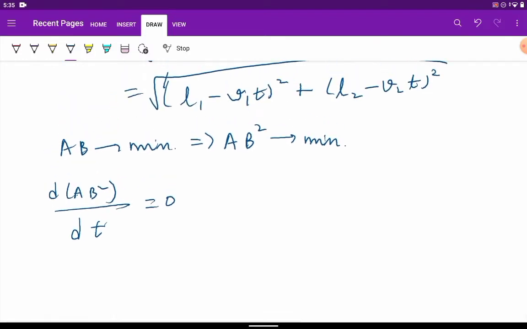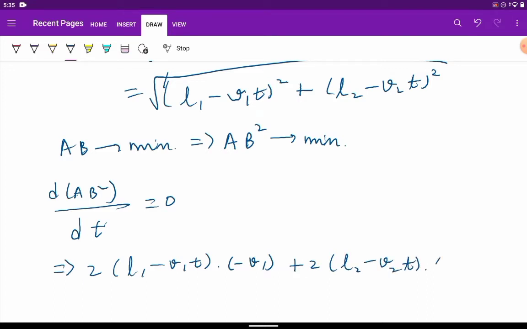So if we differentiate it with respect to time, the first term is 2(L1 minus V1t) into, differentiating with respect to time, minus V1. Similarly 2(L2 minus V2t) into minus V2, equal to 0.